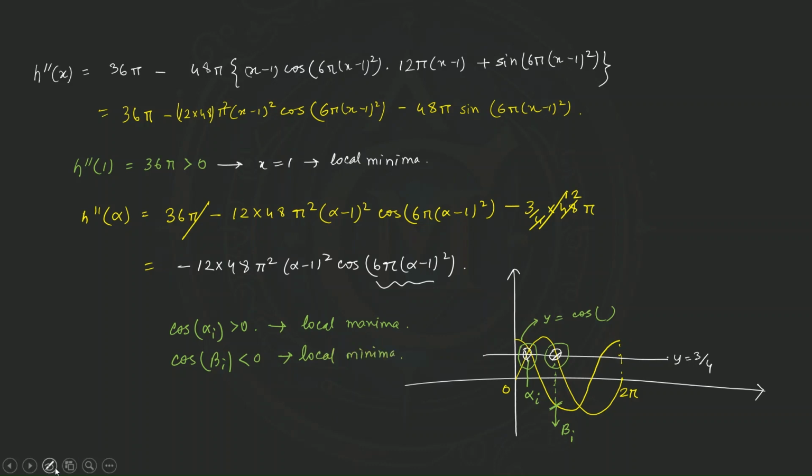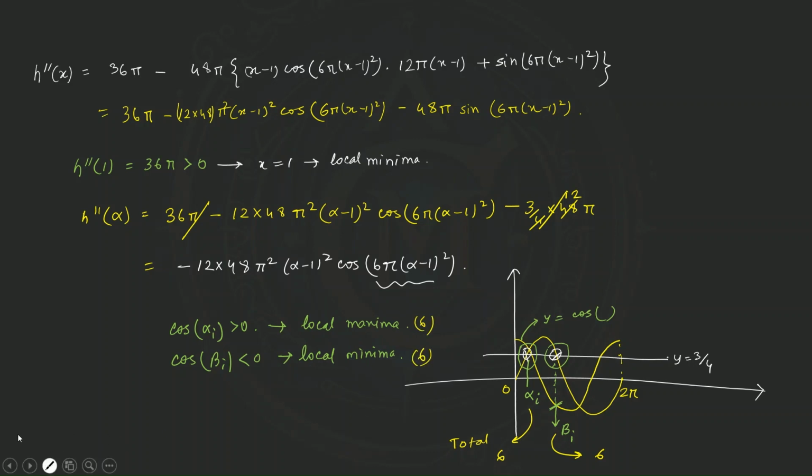That means how many points can we get from this? This point will correspond to 3 into 2, that means a total of 6 points, and corresponding to this point we have a total of 6 points here. That means we have local maxima at 6 points and local minima at another 6 points.